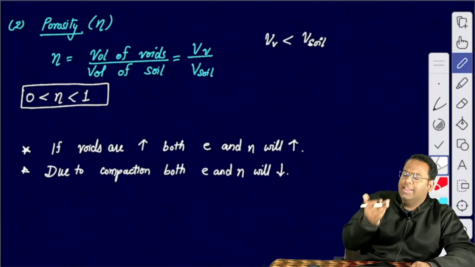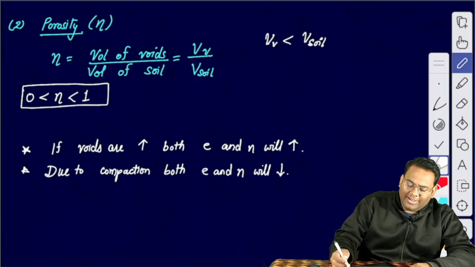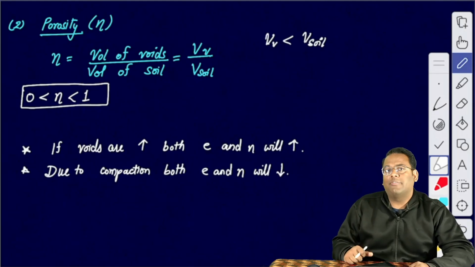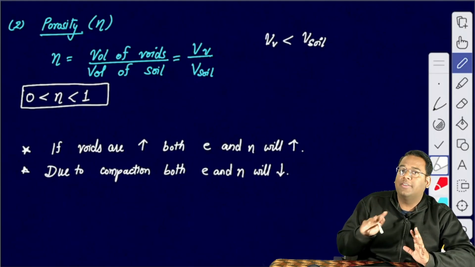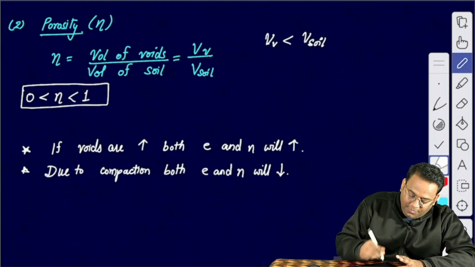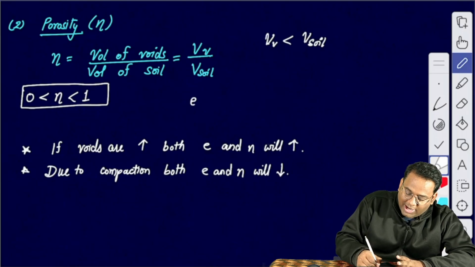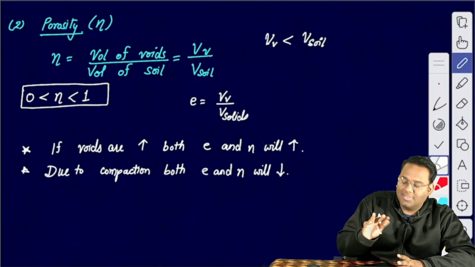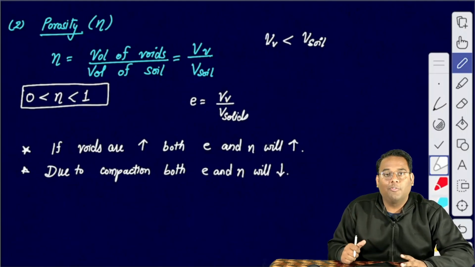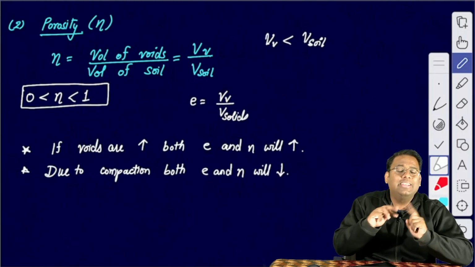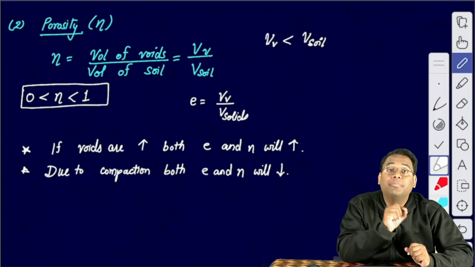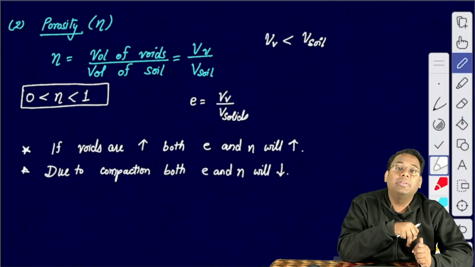Now again, let us compare the two terms that we have just now studied. The first one was the void ratio. Let me write down here, that is volume of voids to the volume of solids. And what was eta? That is volume of voids to the volume of soil. Among these two terms, which one will be bigger and which one will be smaller?